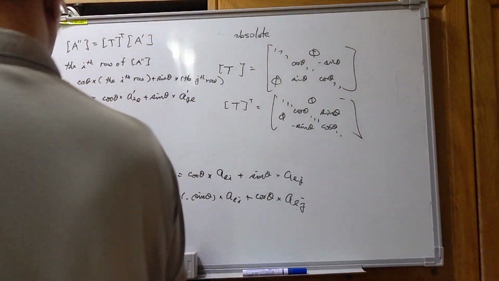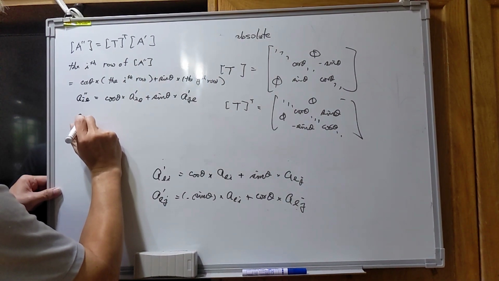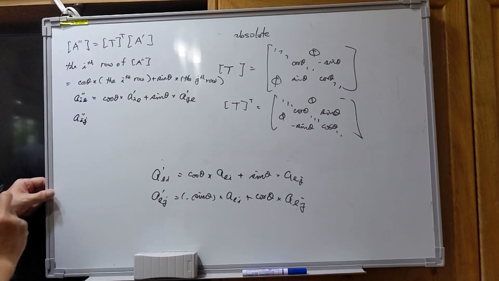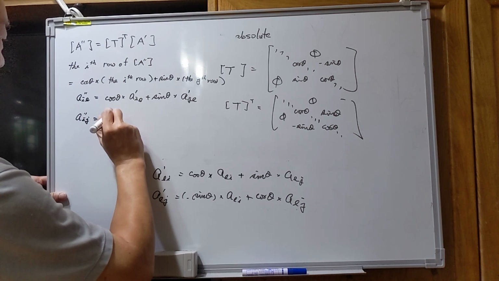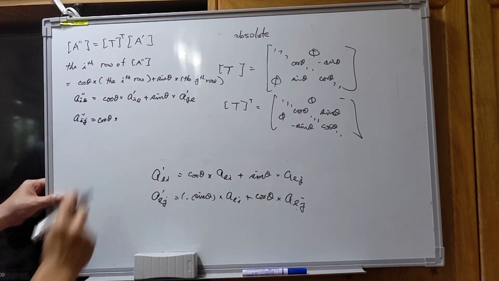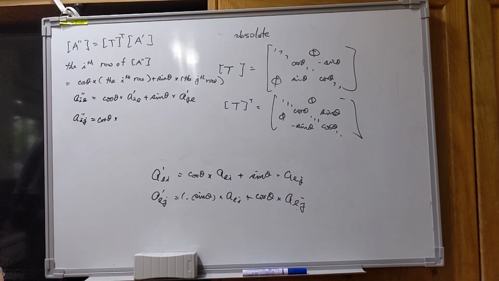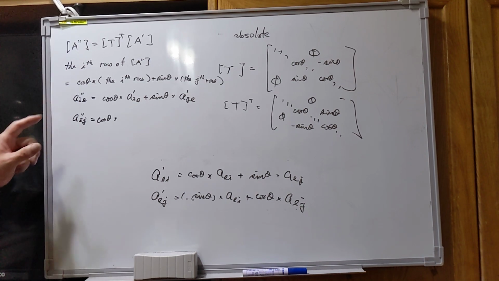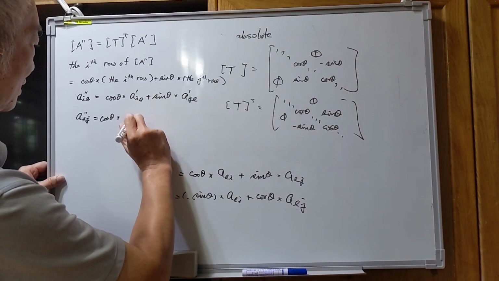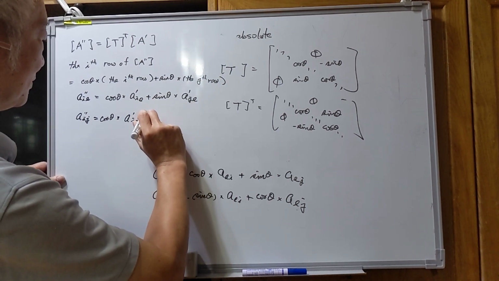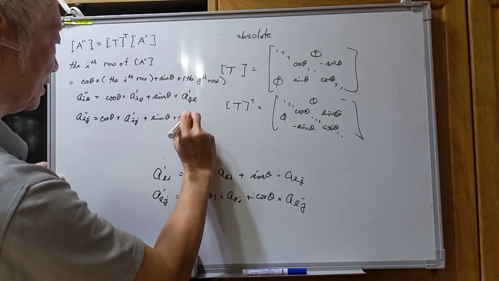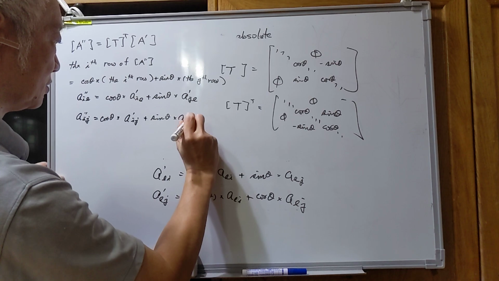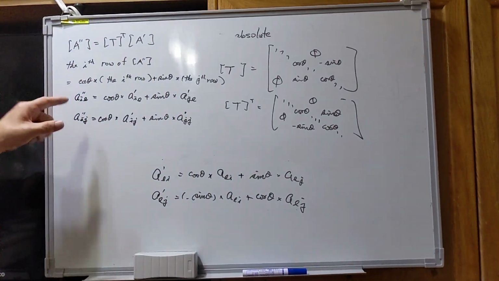And if we would like to calculate the new Aij double prime, it is equal to cosine theta times Ail prime. And what is the Ail prime? Times Aij prime plus sine theta times Ajj. Okay.